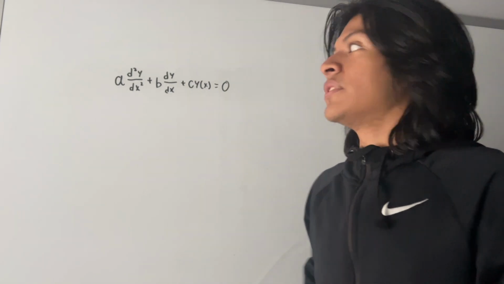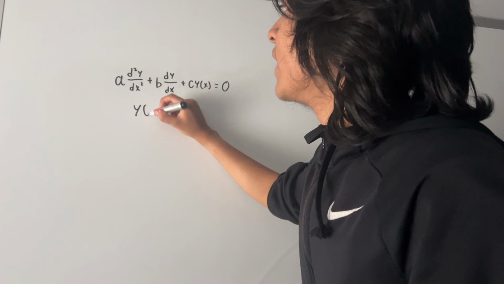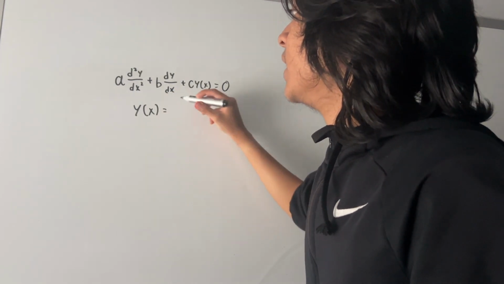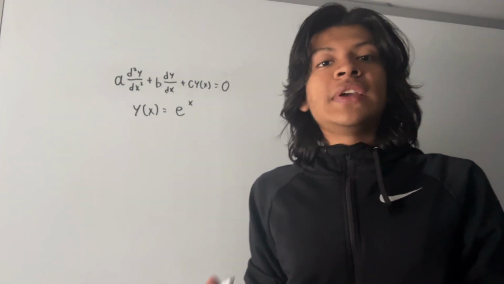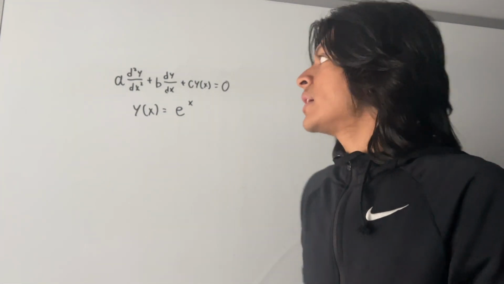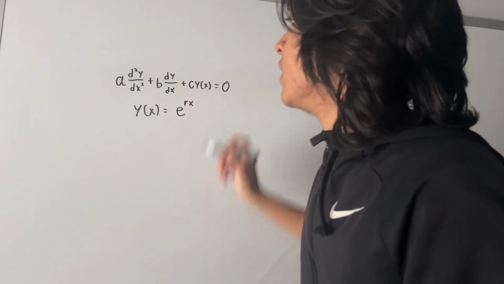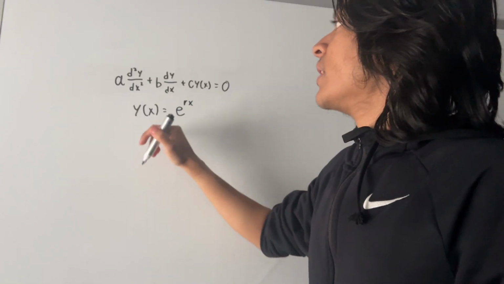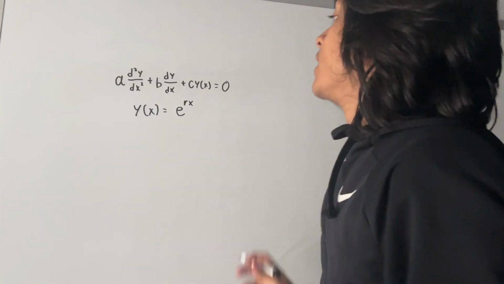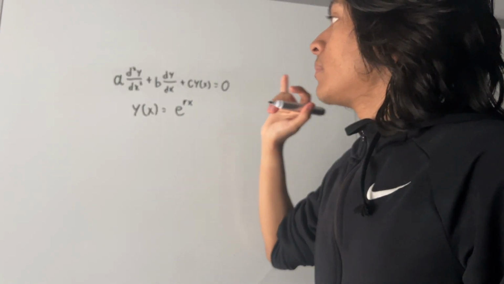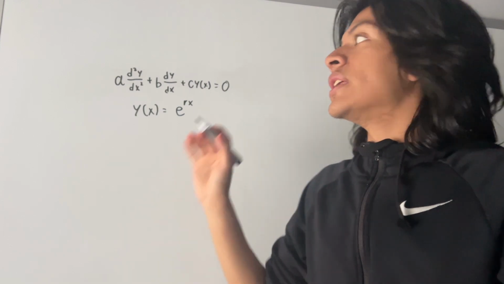Now, what is that function? Well, y of x is going to be e to the rx, because whenever you take the derivative of e to the x, you just get the same thing back. And we're going to have a constant r. So that way, every time you take the derivative, it just spits out a constant. And yeah, we're just assuming the solution in this form.